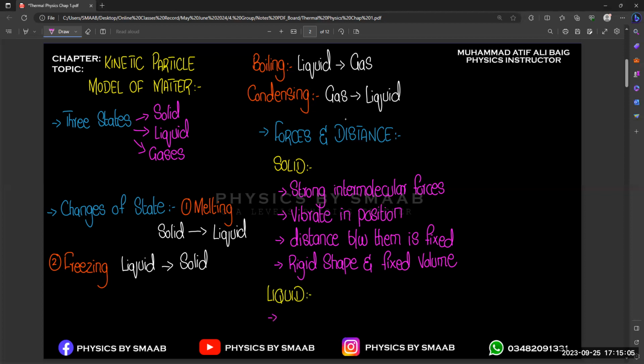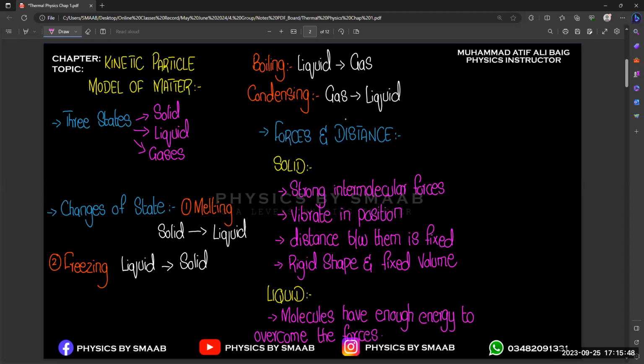So we can say that in liquid, molecules have enough energy to overcome the forces.